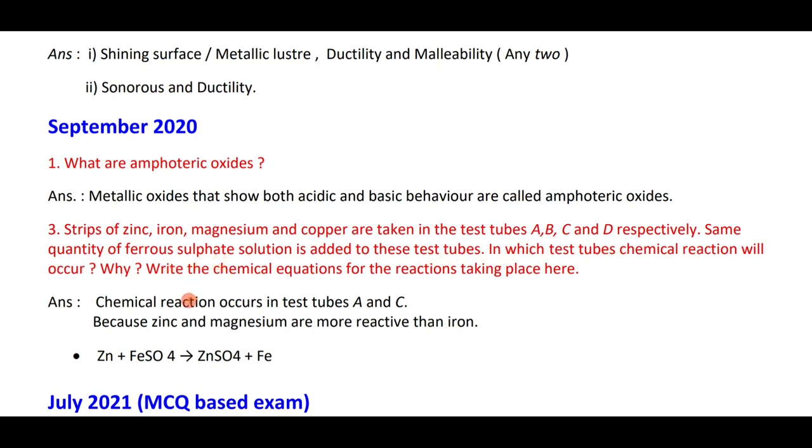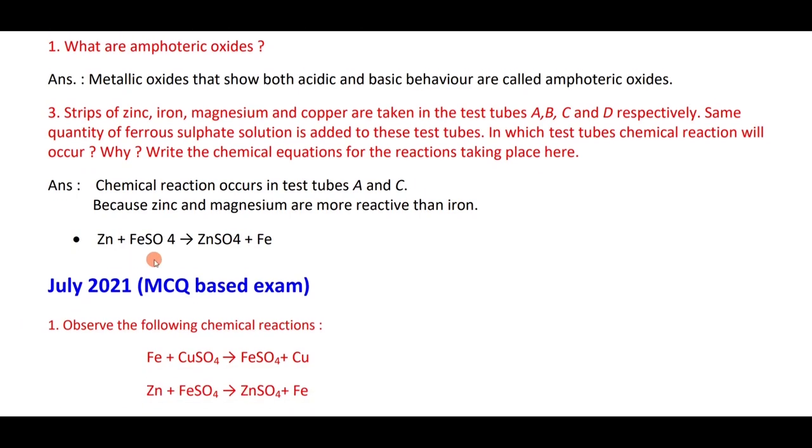The chemical reaction takes place in test tube A and test tube C because zinc and magnesium are more reactive than iron. For this you should know the reactivity series. Zinc and magnesium are more reactive than iron, hence they displace it. Zn plus FeSO4 gives ZnSO4 plus Fe.